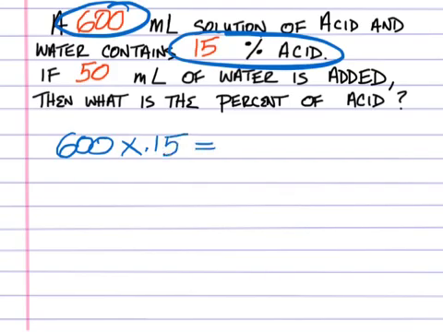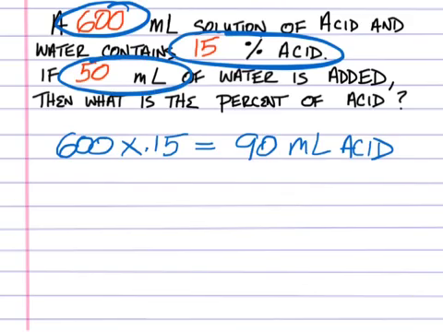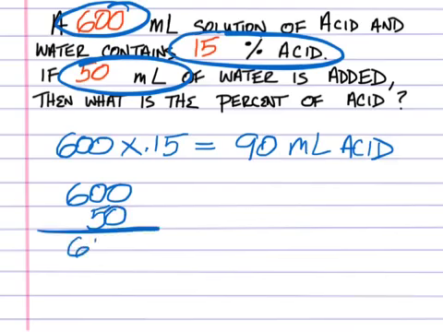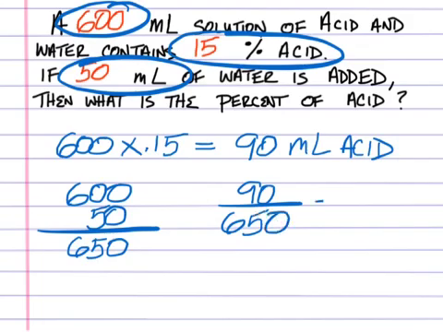And that should come out to be 90 milliliters of acid. Next, we're adding 50 milliliters of water to our total contents. We start with 600, we're adding 50. That gives us 650. We know that we have 90 milliliters of acid. We know the total contents will be 650.